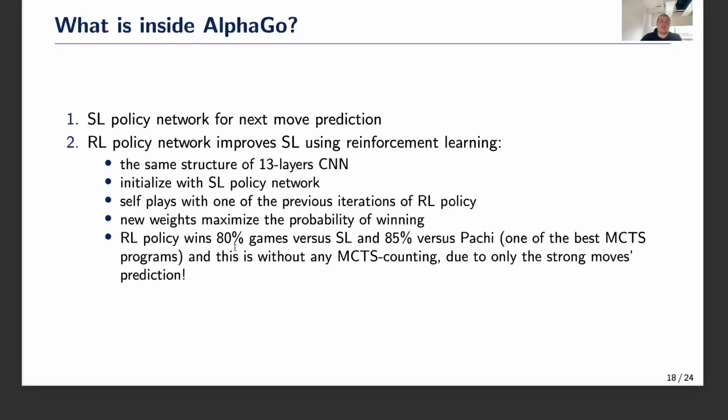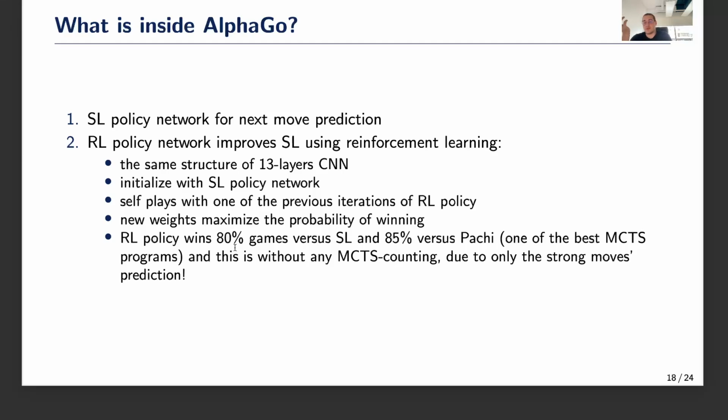It repeats this over millions of games, learning strategies no human has taught it. This is where the magic happens. AlphaGo begins to discover new tactics, new shapes, and new ways to win.